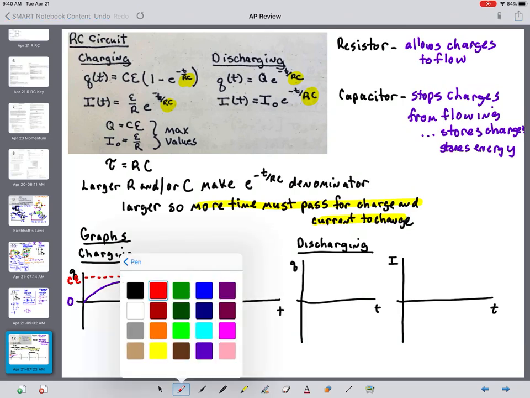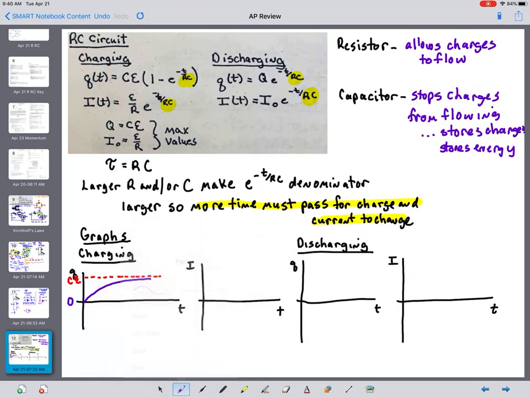Current. Think about what's going on with the current. When you first close the switch, there's no charge built up on the capacitor. And if there's no charge built up on the capacitor, those charges are going to want to rush out there.